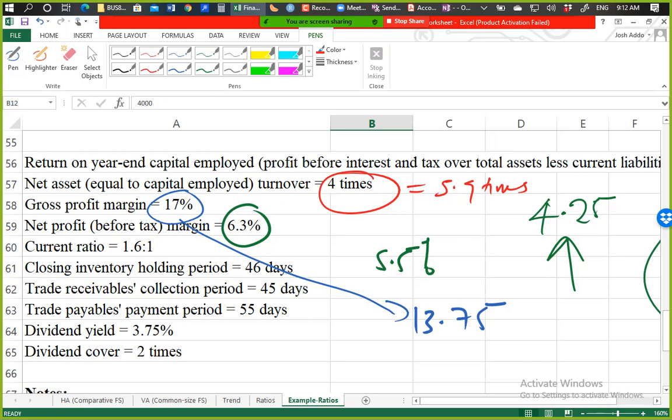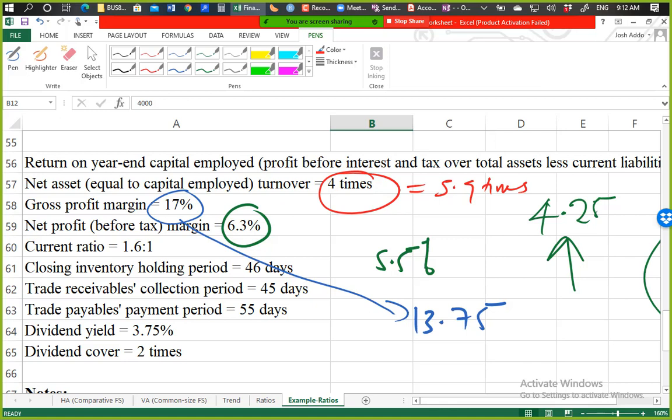And of course, if you attempt to reduce the receivables collection period below 1 month, 2 weeks, you have to also know the consequences that may result in you losing some sales. Because if you give credit of 1 month, 2 weeks, for me it's reasonable.